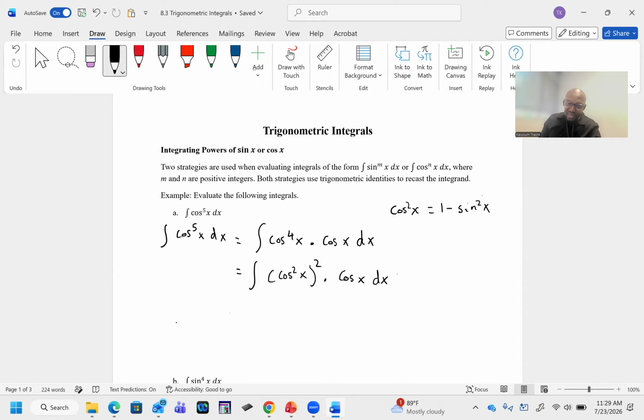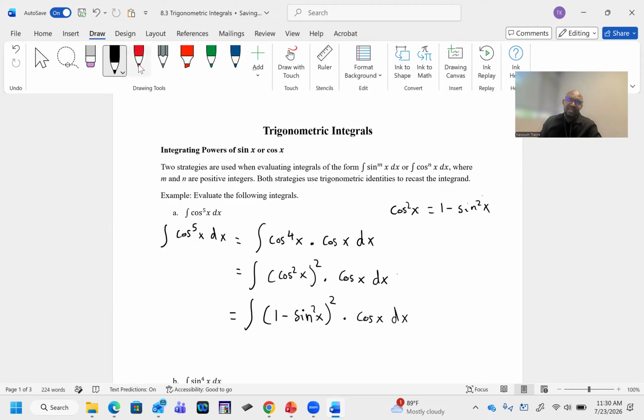So this will be what? The integral of cosine square is 1 minus sine square. So 1 minus sine square x, all squared, times cosine x dx, right? So now I can use my substitution.